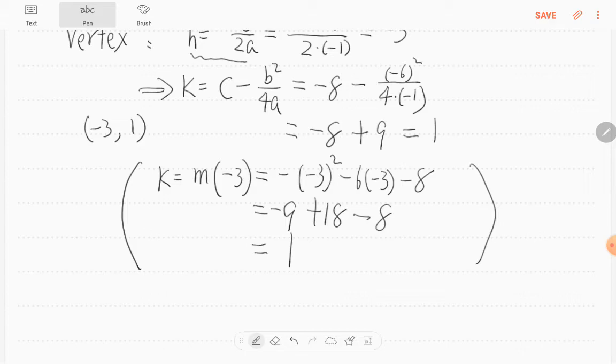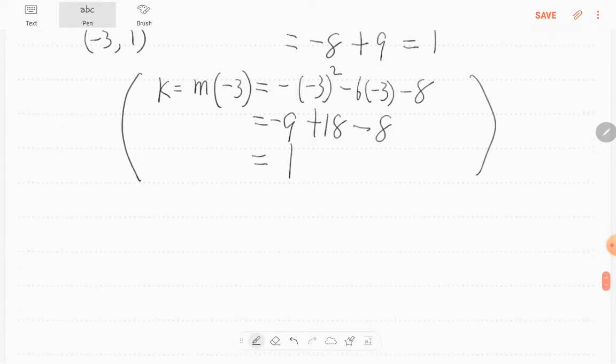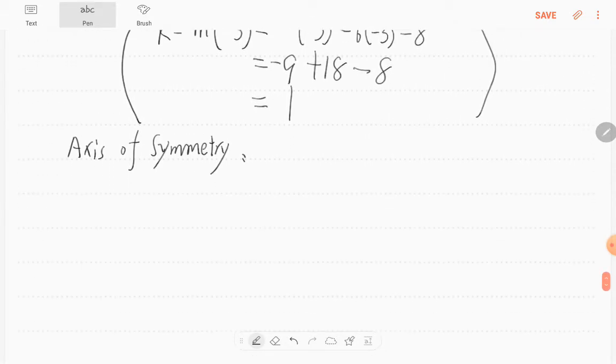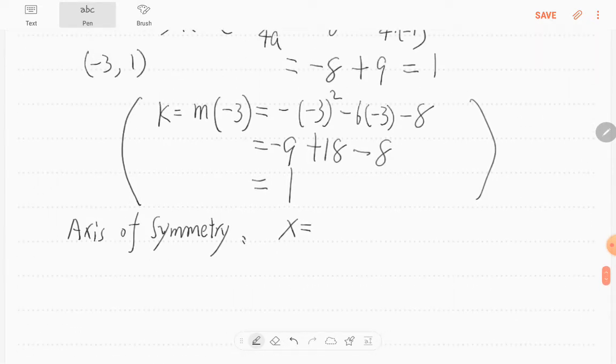Okay, so we have this vertex and the axis of symmetry, which is given by x equals negative 3 equals h, right?